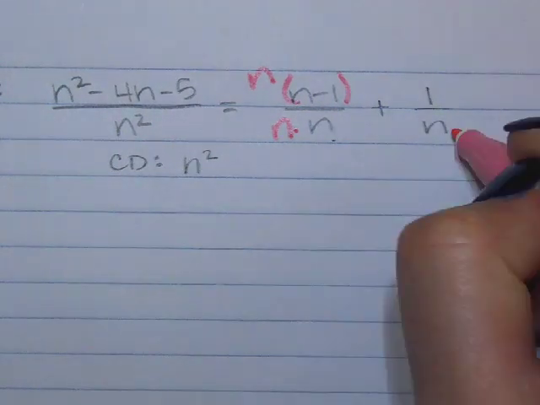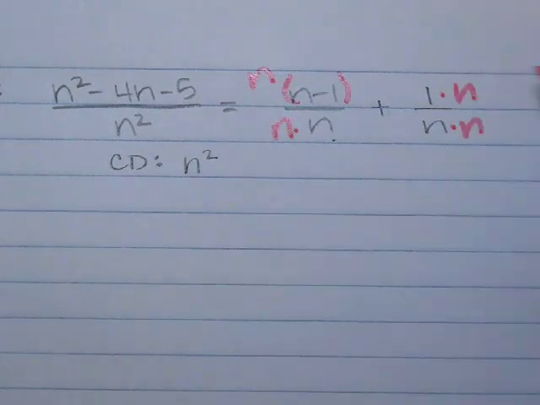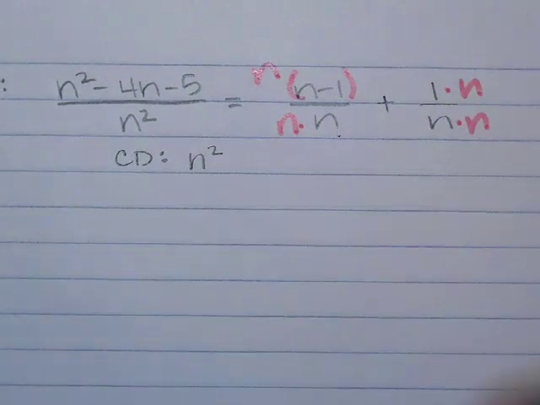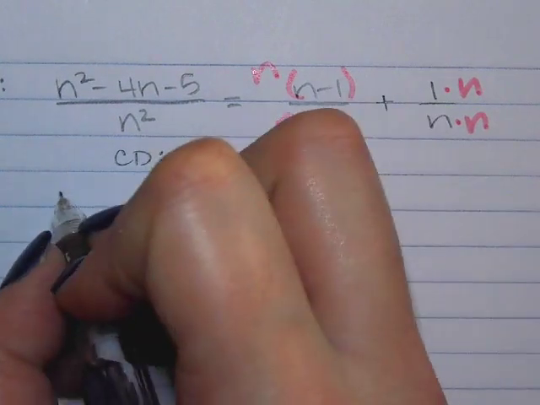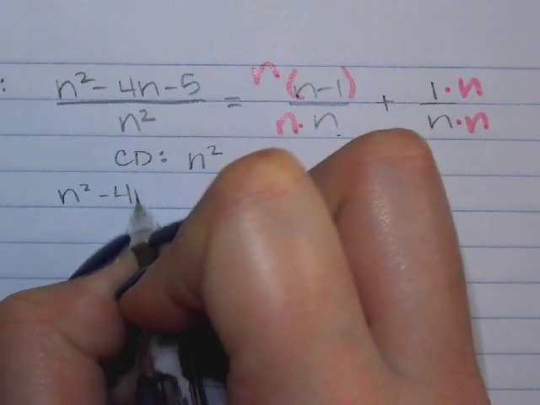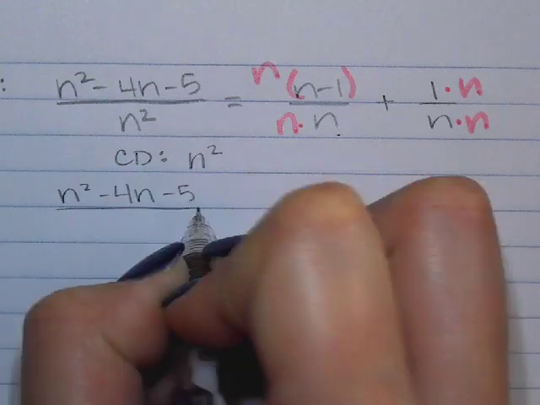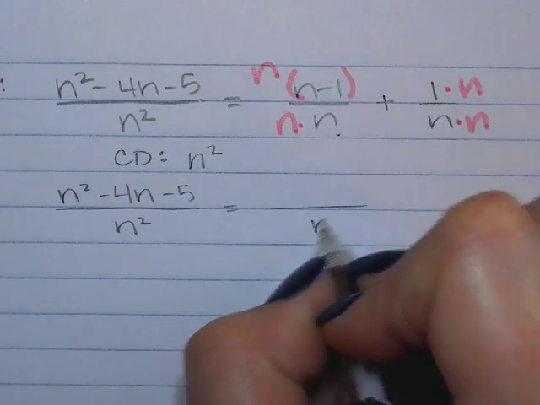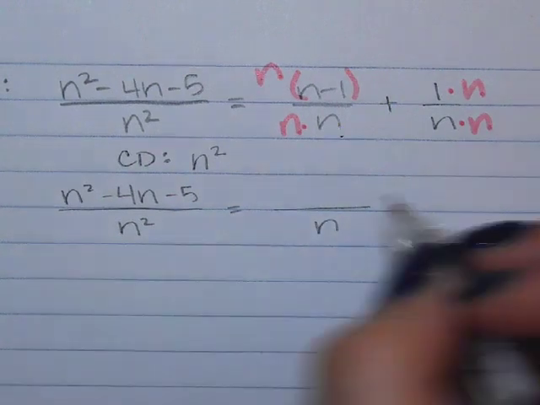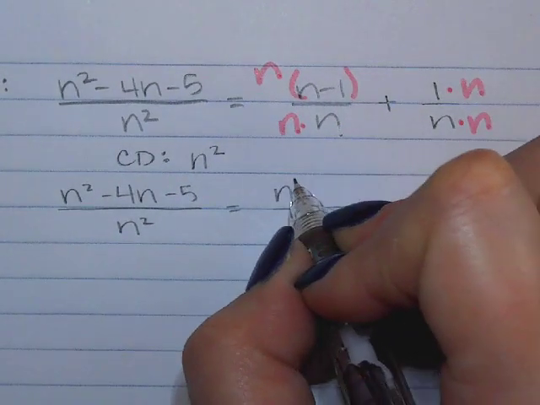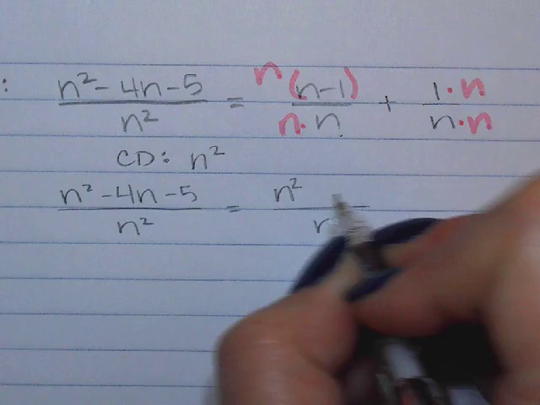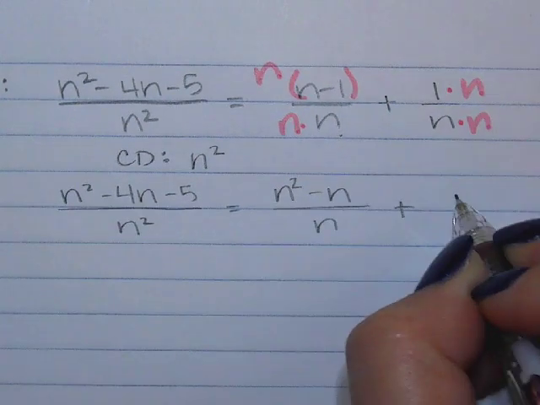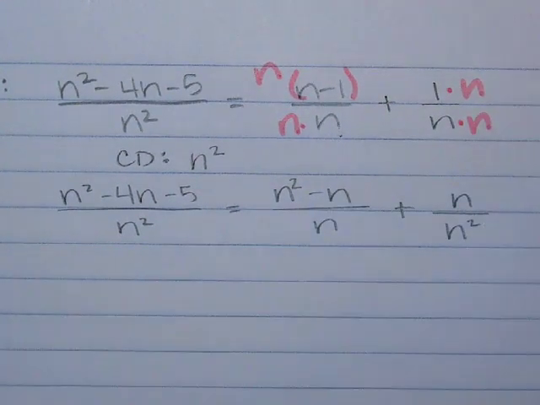An n times n times n. Okay. So our first fraction stays the same. What is our second fraction now that we multiplied the top? N squared minus n, okay, plus n over n squared.